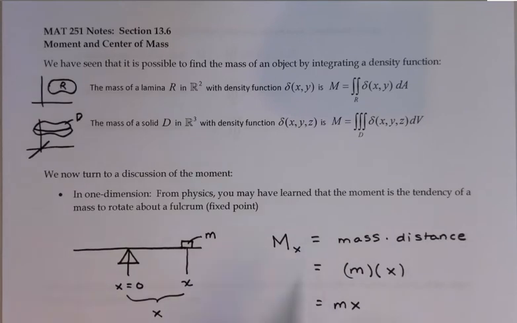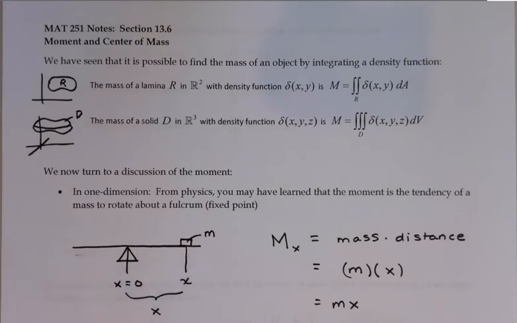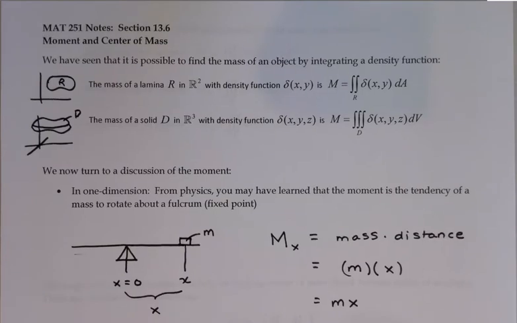The reason I put the subscript x here is because as we turn to doing these same things in multiple dimensions, we won't always just have a single axis, like the x-axis or the number line we have here. We may have multiple axes, the x and the y if we're in 2 dimensions, or even the x, y, and z if we're in 3. So the little subscript is just going to indicate which axis I'm working with.